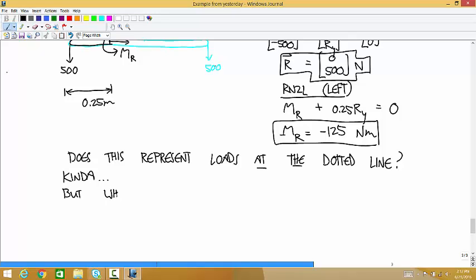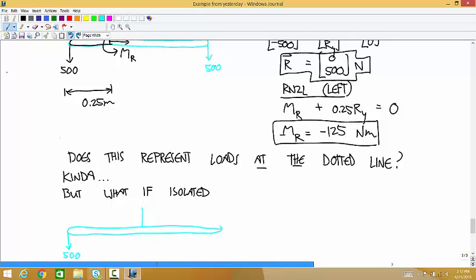So what if we'd isolated, so here's the body again. That's 500, 1,000.